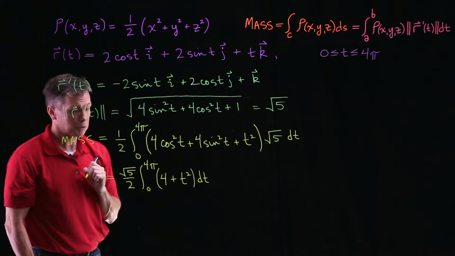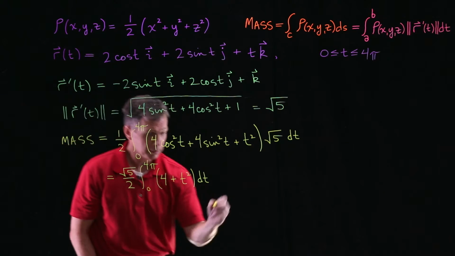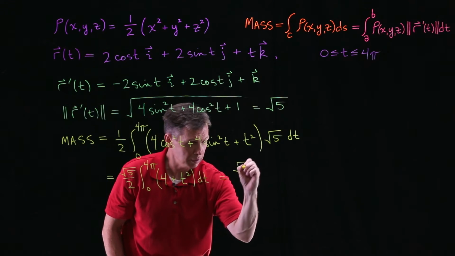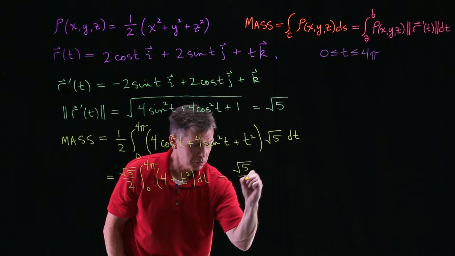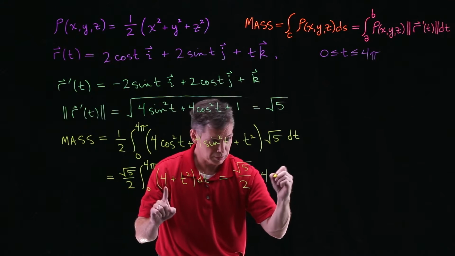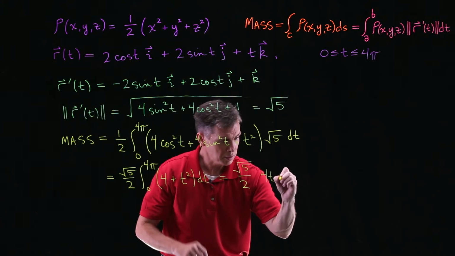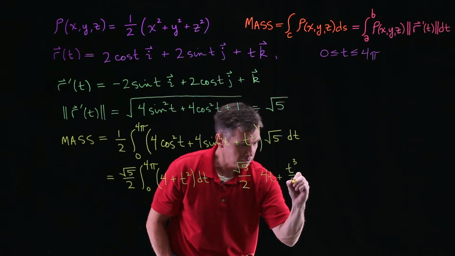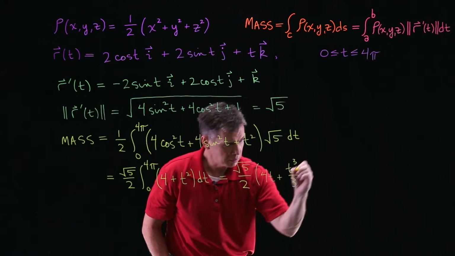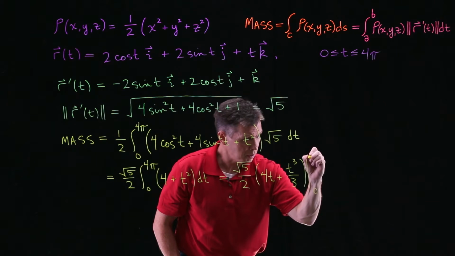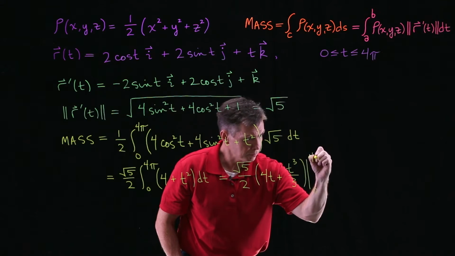The integral doesn't look too bad. Let's evaluate it. I still have the square root of 5 over 2, and then I'm just looking at antiderivatives for t plus t cubed over 3, and I need to evaluate that from 0 up to 4 pi.